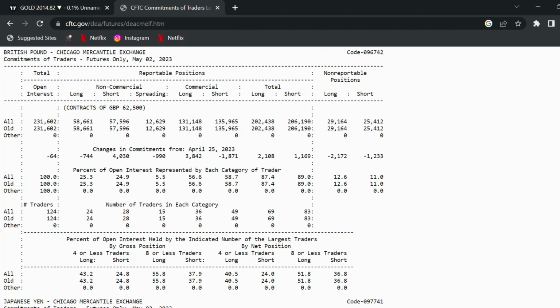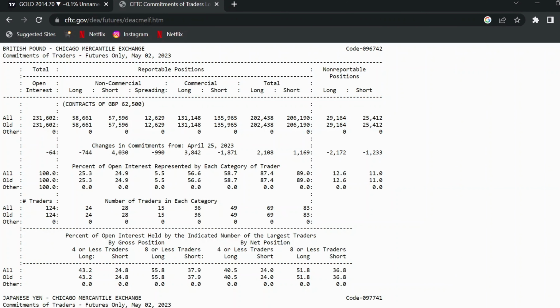On the very first column, you can see here the open interest. This one is the total number of futures contracts which were open when the data was recorded. That is the previous Tuesday.